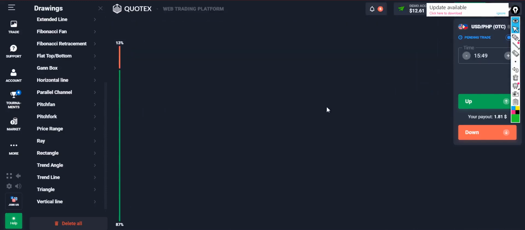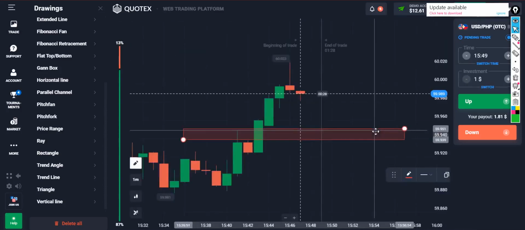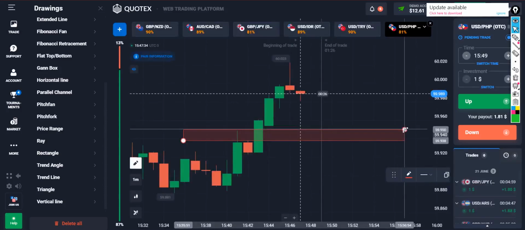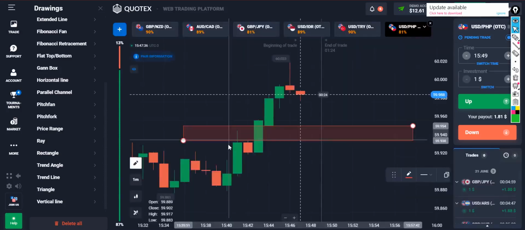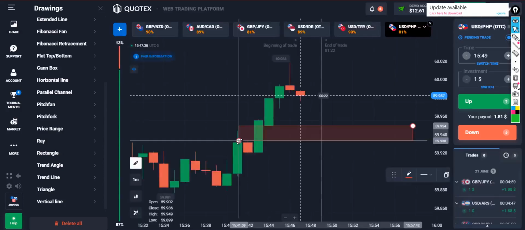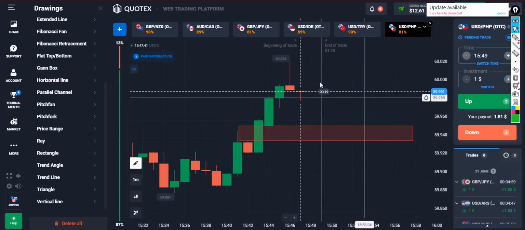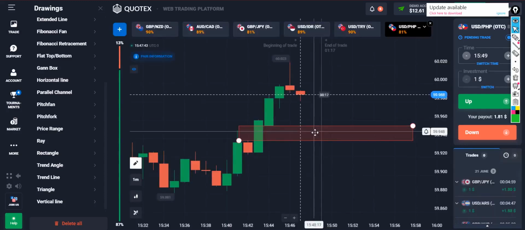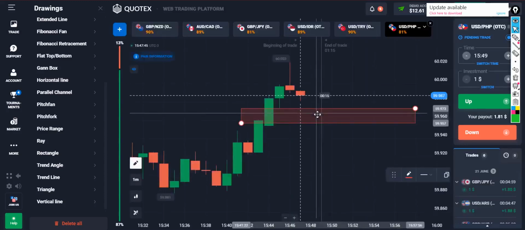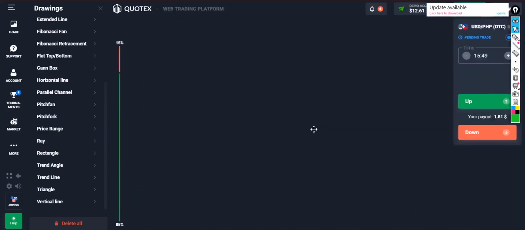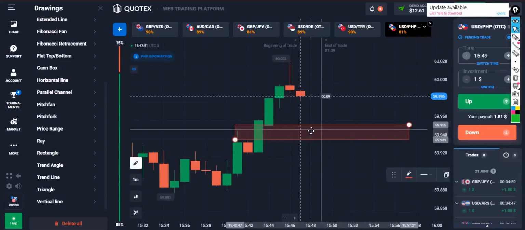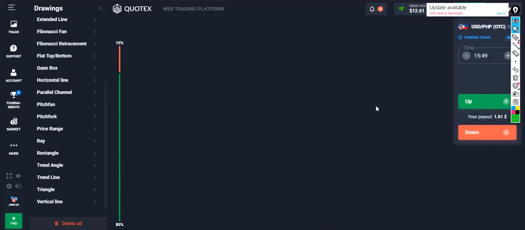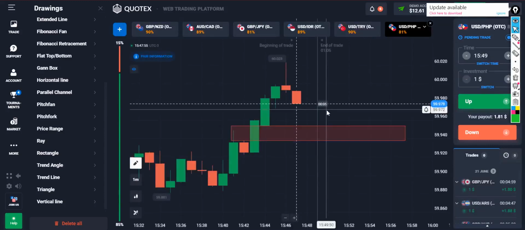I think I'm gonna go with this one because this one has a wider area. Although this one would give me a trade opportunity earlier than this one, I think this one would be safer. So it is better to go with the safer option than the earlier option.